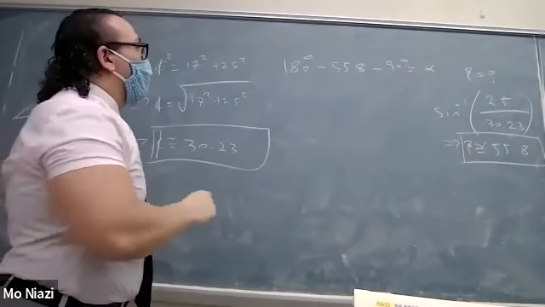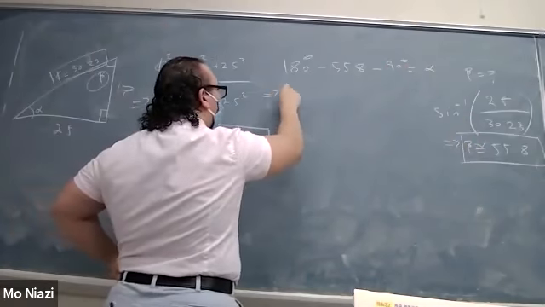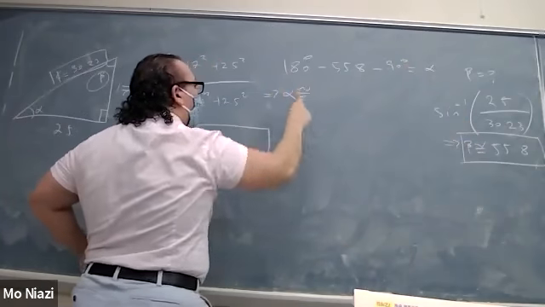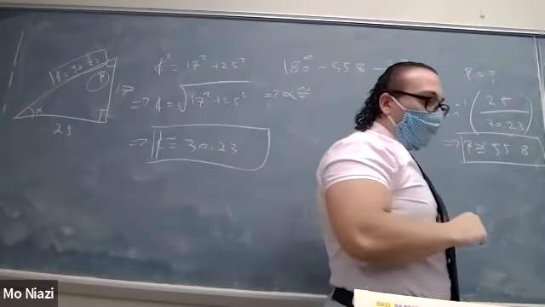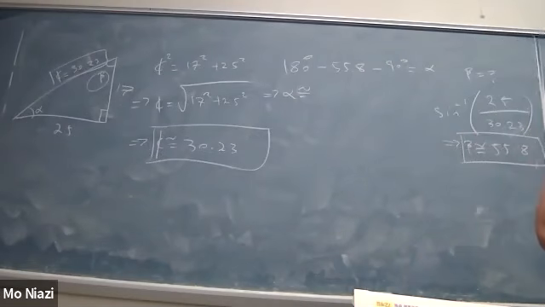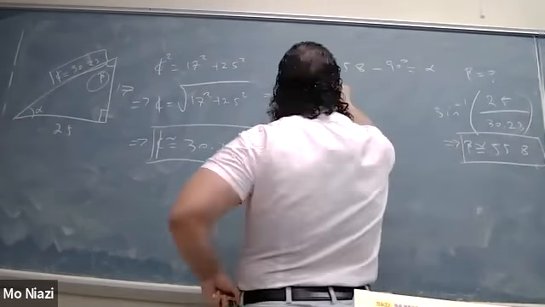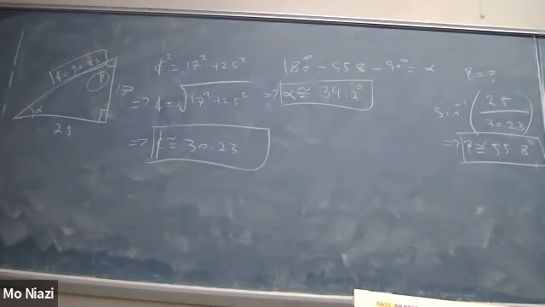So this implies that your alpha is what? Did you guys get 34.2? Yes. That makes sense, because if I add 34.2 to 55.8, that's 90.